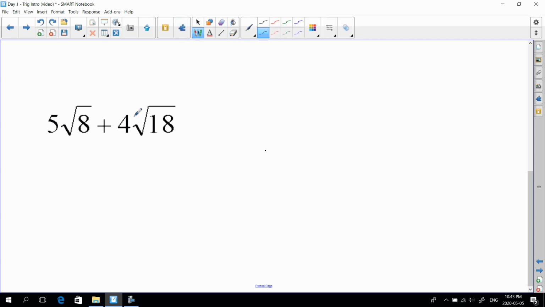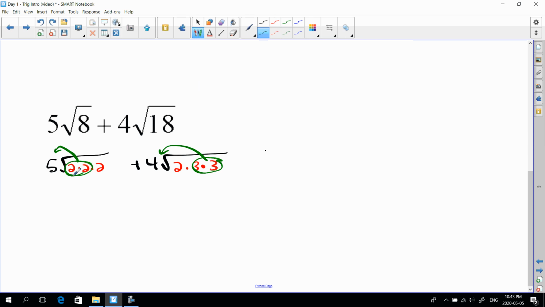However, we just saw above that I can actually simplify the square root of 8 and the square root of 18. 8 is really 2 times 2 times 2, 3 2's multiplied together. 18 is 9 times 2, or 2 times 3 times 3. I'm going to circle a pair of 2's, kick it out, and circle a pair of 3's, kick it out.